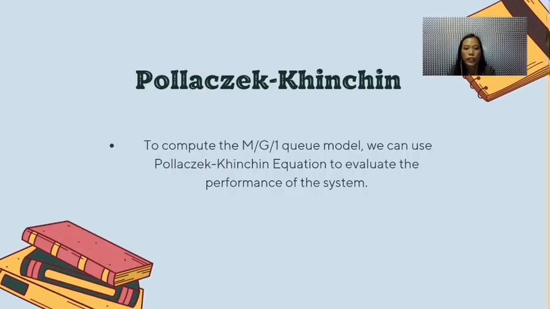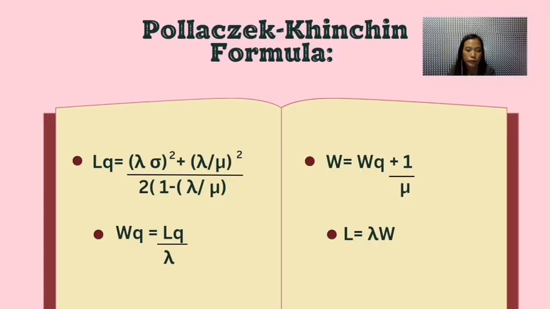So, how do we calculate the M/G/1 queue model? We use the Pollaczek-Khinchine formula to calculate the M/G/1 queue model and also to evaluate the performance of the system. As we can see, there are four formulas under the Pollaczek-Khinchine formula.